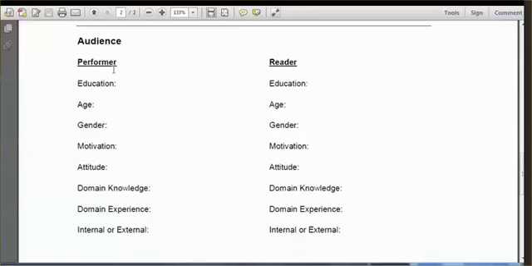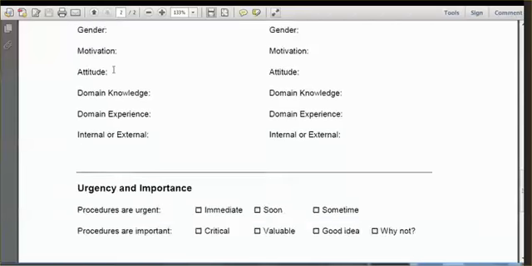And is the policy internal or external, meaning does it impact both your contractor community, for example, or your employees only? It helps you identify the scope of the work that you're trying to author.